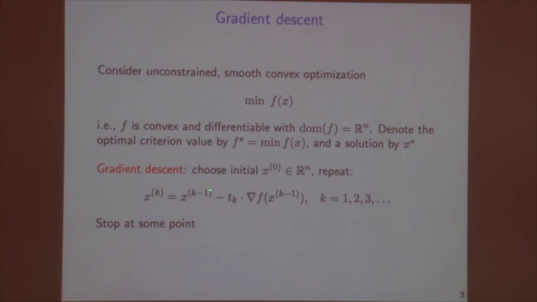That's x naught. Your next location will be the location where you were before, minus a step of size t_k in the direction of the negative gradient. The negative gradient is going to give you the direction where the function is decreasing the most. So if you are at a point, you want to look in that direction and make a small step in the direction of the negative gradient.